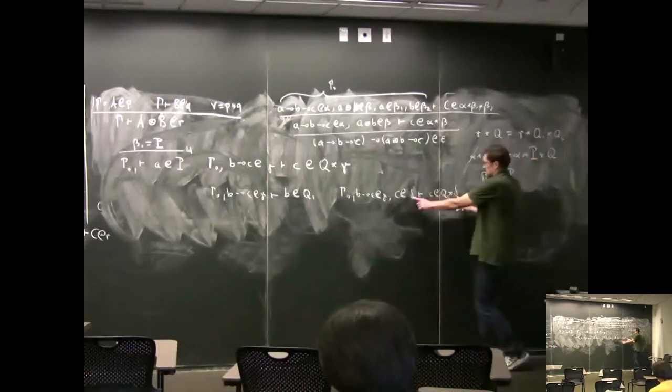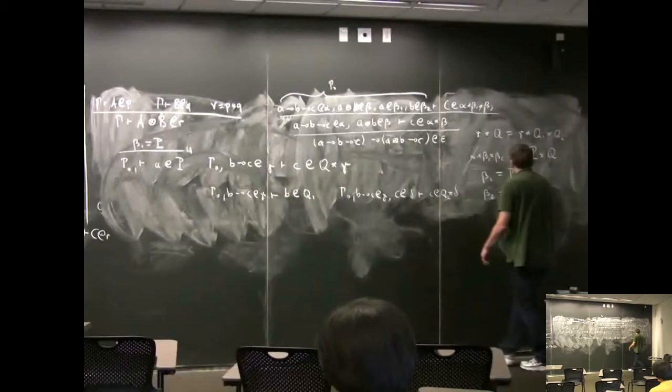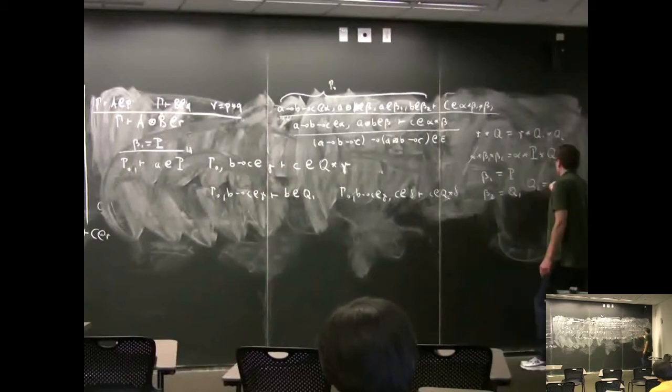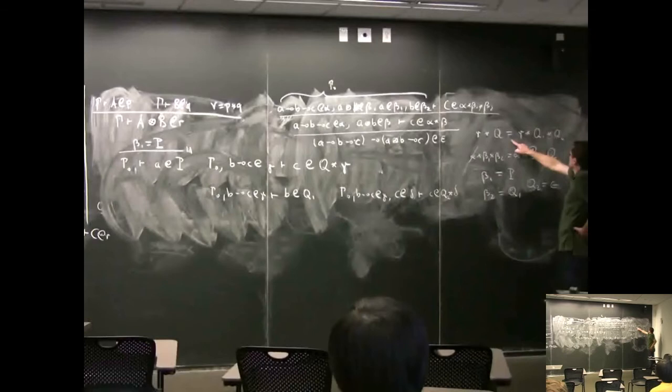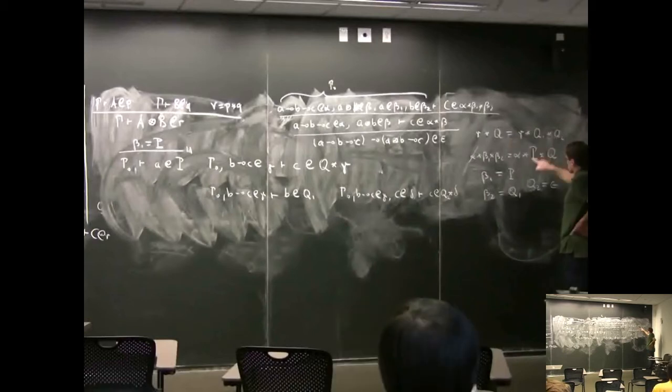Because this delta has to be equal to Q times delta, I get Q2 equals epsilon. So now I should be able to work out all those things. What do I get? So Q is Q1, Q2, so Q should be beta 2.